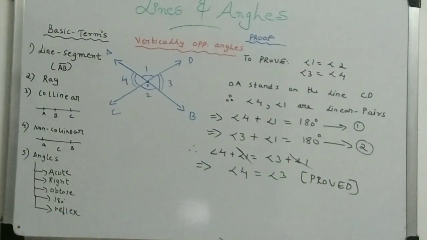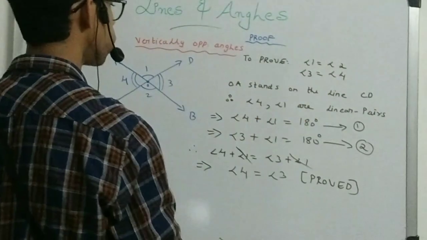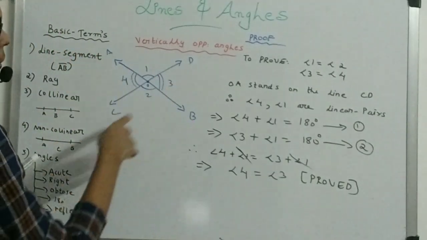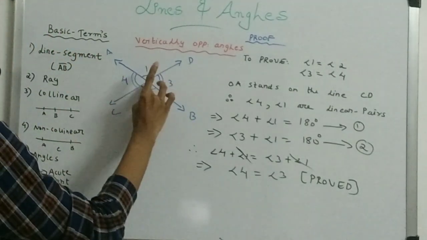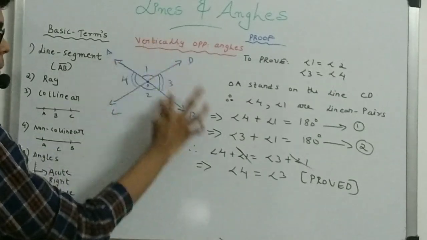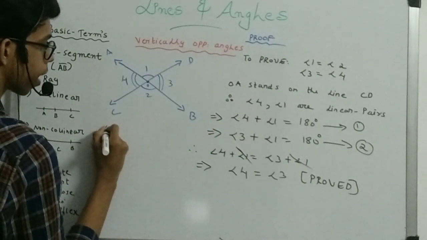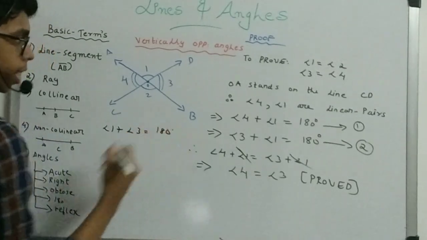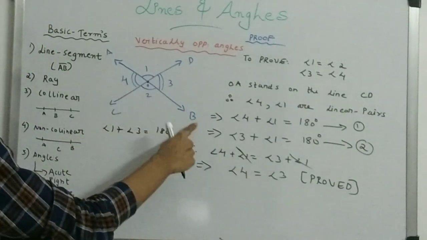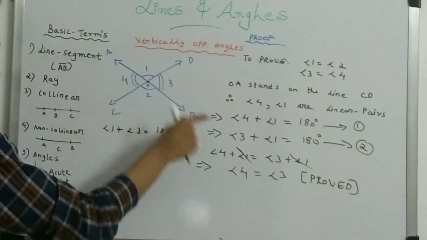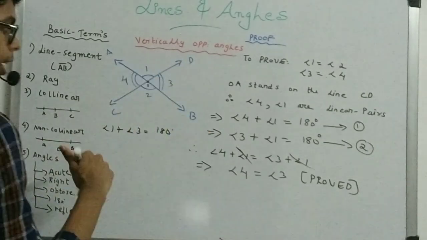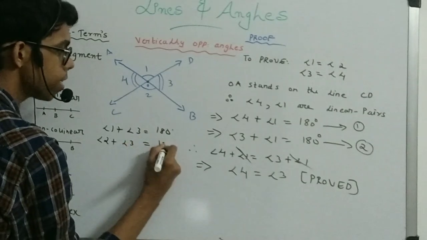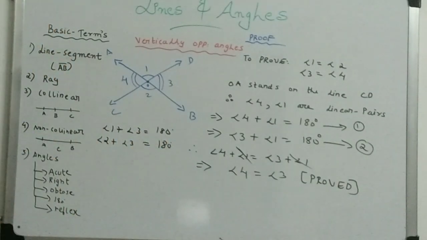In order to prove angle 1 is equal to angle 2, we can take these two pairs. Since OD lies on the line AB, I can write angle 1 plus angle 3 is equal to 180 degrees. Similarly, since OB is also a ray standing on the line CB, I can say that angle 2 plus angle 3 is also equal to 180 degrees.